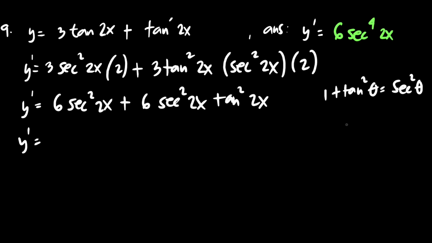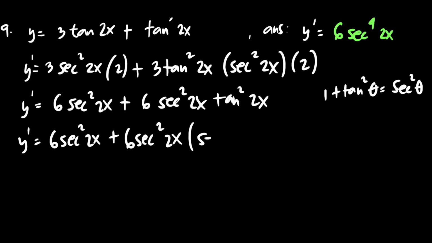So we'll substitute this one: 6 secant squared 2x plus 6 secant squared 2x times tangent squared, so we have secant squared 2x minus 1, right?